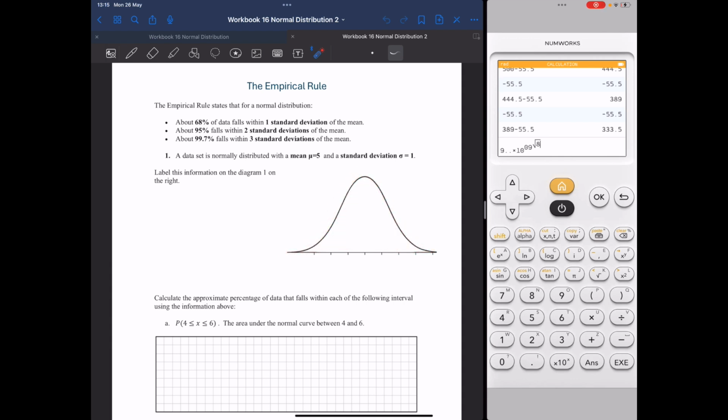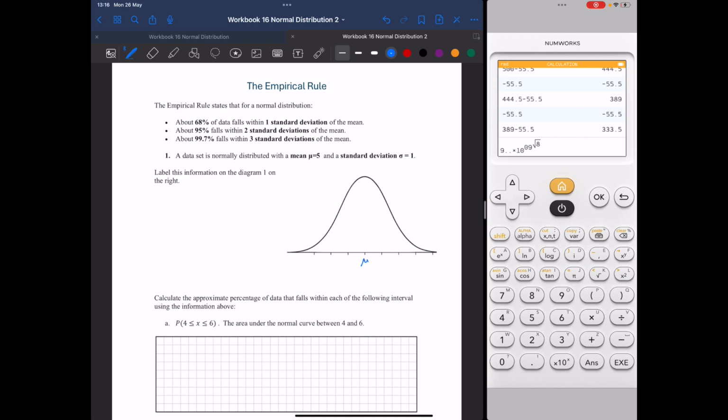Now, the first thing to always point out, the total area under this bell curve, if you shade the whole thing in, is 100%. Or, as a probability, it'd be 1. So the whole area is 1 as a probability. Now, we're going to look at 68% is within 1 standard deviation of the mean. So here's the mean, mu.